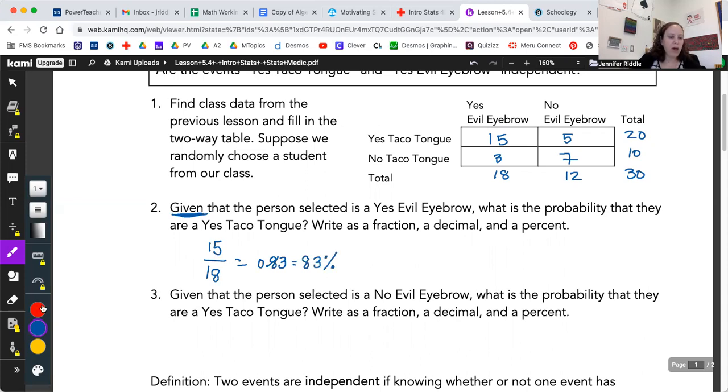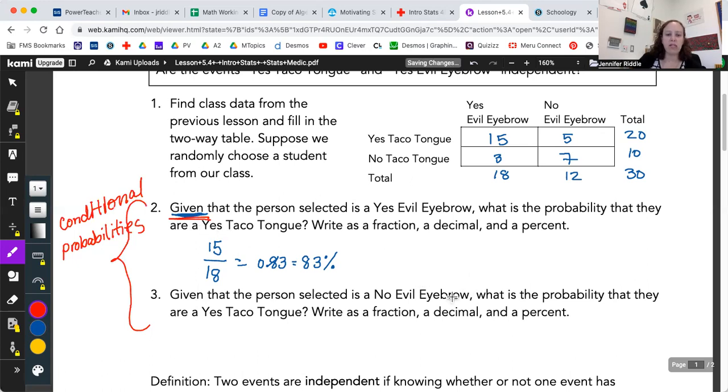Okay, so how do I write this in probability notation? Both of these two examples are what we call conditional probabilities. With conditional probabilities, we always have a condition, and my keyword, like I said, was given.